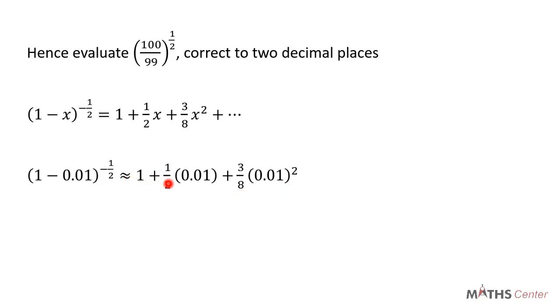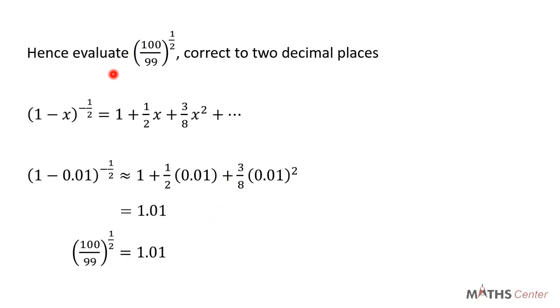So this gives us approximately 1 plus, we are substituting x equal to 0.01. So where we see x, we replace it with 0.01. So 1 plus half times 0.01 plus 3 divided by 8 times 0.01 squared. Now this will give us 1.01.